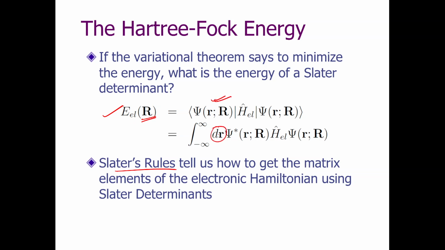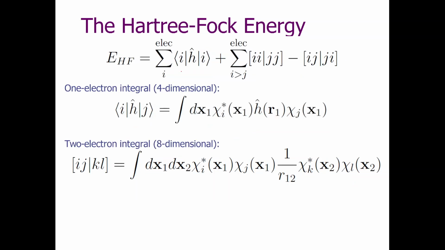Now you see the integration is over all the electronic coordinates. So if you integrate out, you actually get a number, and then there is no variable left. Now how do we get the matrix element? You take the Slater rules and you calculate the matrix element.